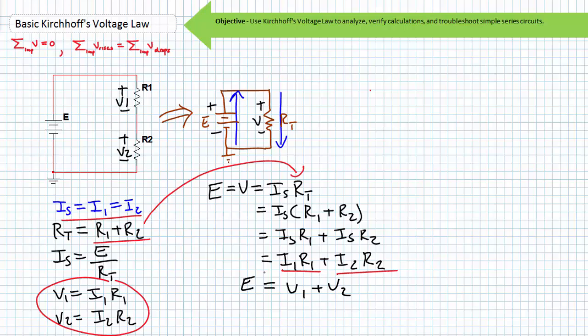It can be stated that E, our voltage rise, equals the summation of our voltage drops, V1 and V2. This is Kirchhoff's voltage law derived using Ohm's law. For this circuit, it can be stated that E equals V1 plus V2.